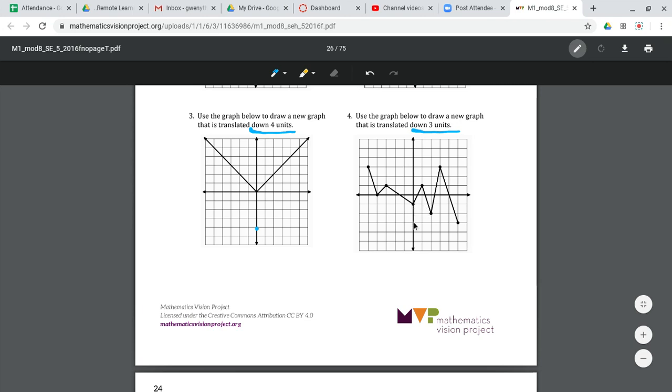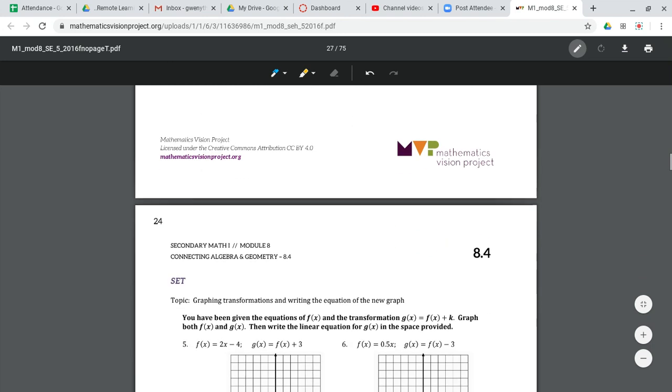So down 1, 2, 3. There's one of your points right there. Do that with every single one of these dark points on here, and then make sure you have all those lines drawn. So it should look just like this, but it's going to be either shifted down or shifted up, depending on what it tells you in the directions. All right? Okay.